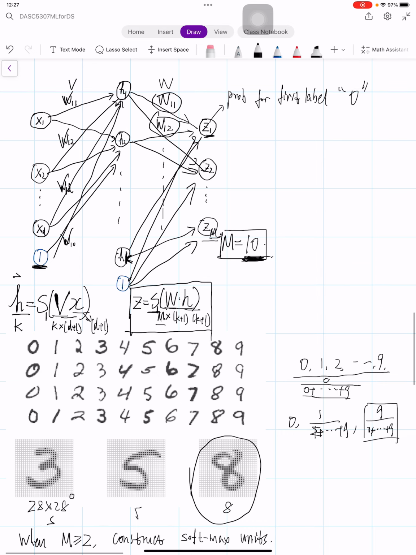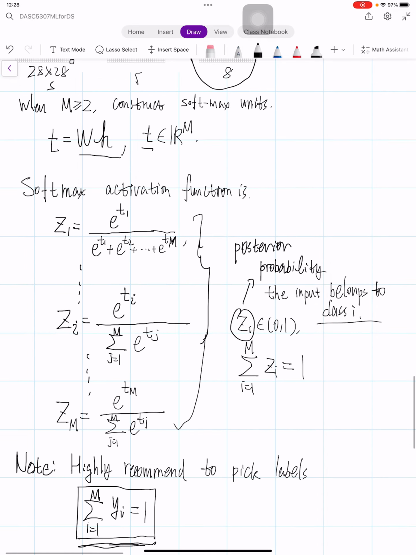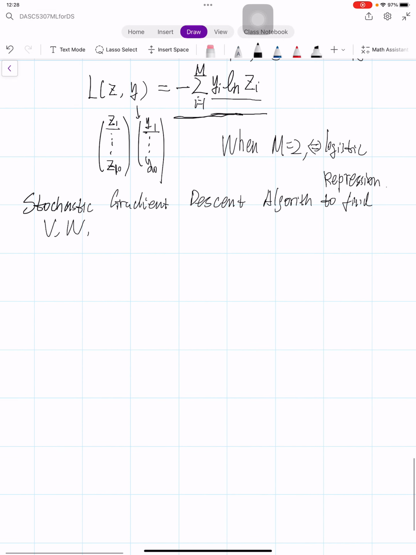Again, we still apply the neural network with one hidden layer. In order to use the stochastic gradient descent algorithm, we need to calculate the gradients, right? And we're going to apply backpropagation. So in the following, I will show you the algorithm for softmax backpropagation.